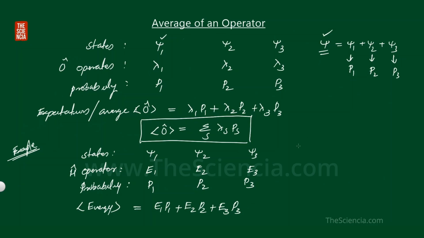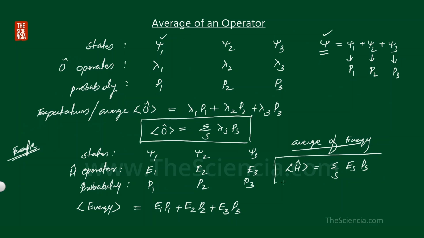That is, the average value of energy of a system is equal to the summation over states Es Ps. Okay, this is a special case of the general expression.